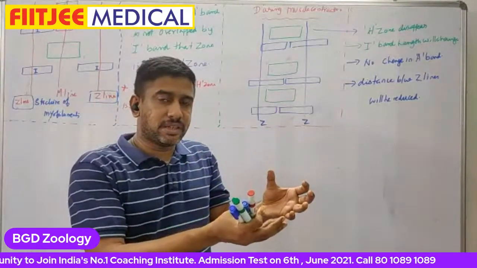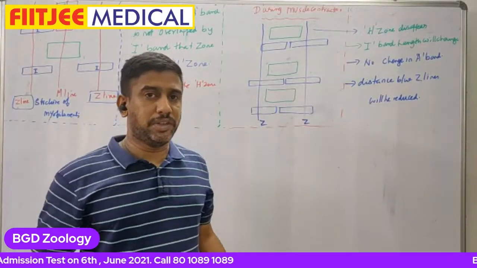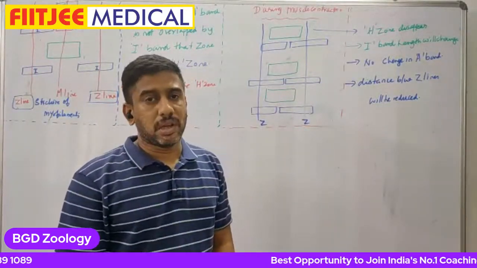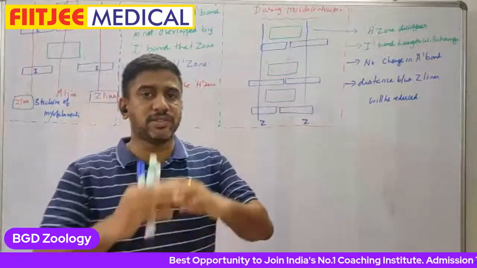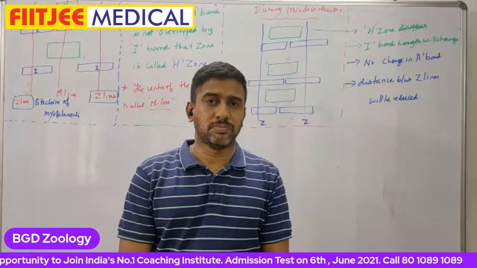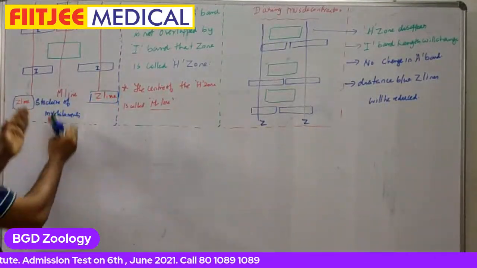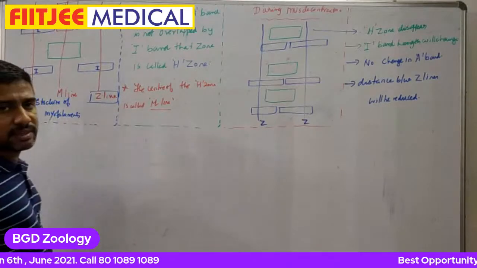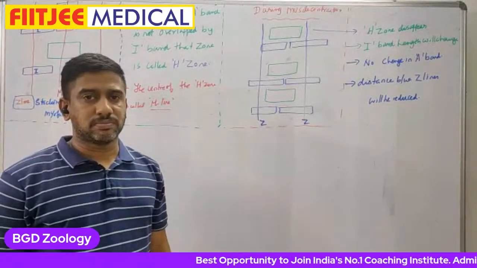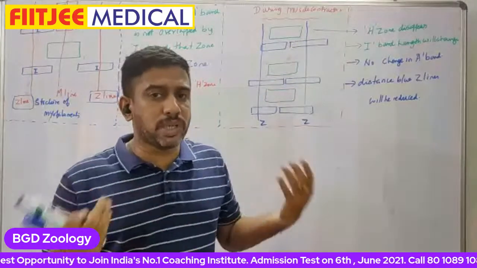This A band and the I band, their relationship will bring the muscle contractions. And during muscle contractions, I band length will change. But all this length increase and decrease process happens in between the two Z lines. Am I right? In between the two Z lines.